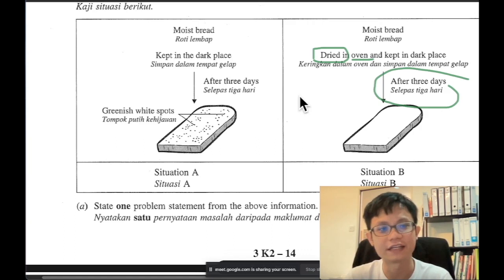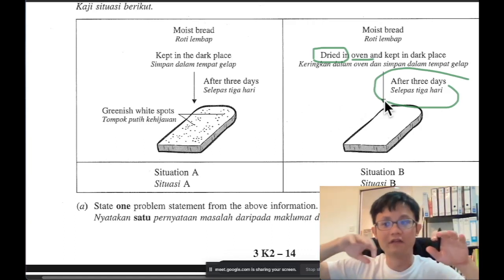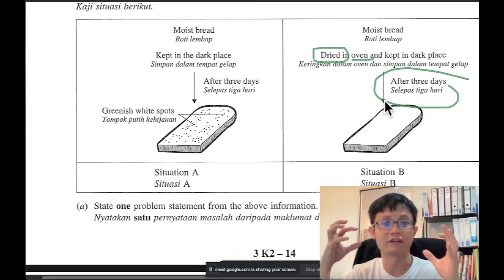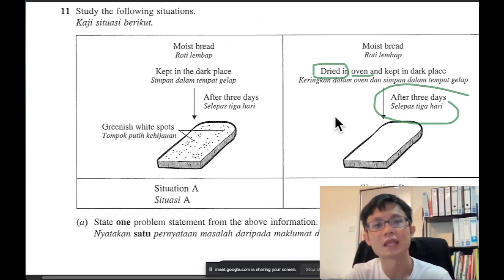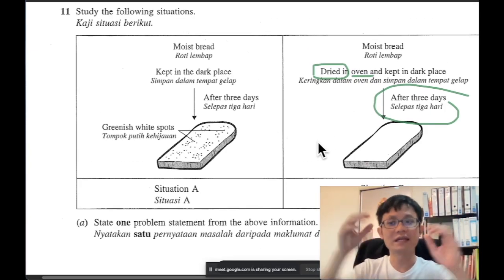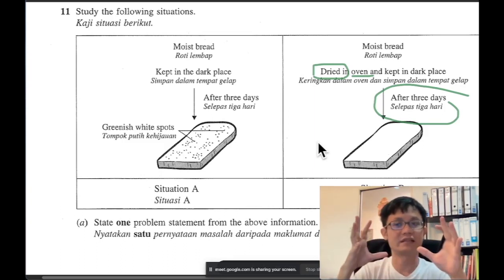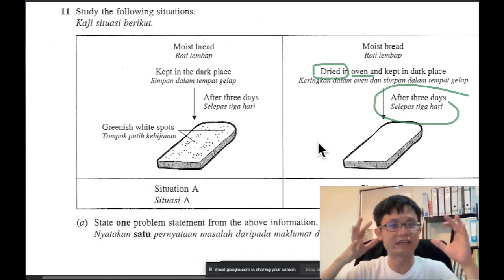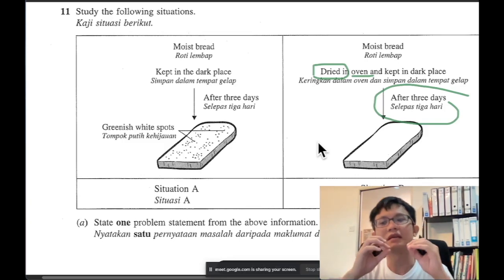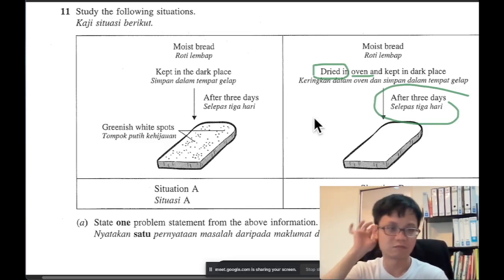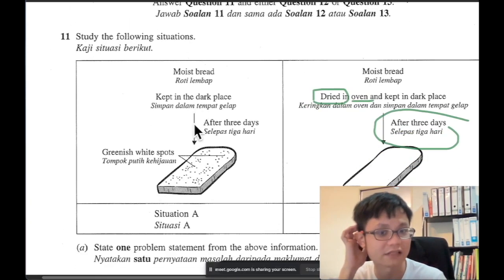But the only difference is the oven uses heat from the top and bottom, so the heat will start to travel from the outside to the inner part. Microwave will make the inside part hot, then it will spread to the outside. So there's a difference. One is from outside hot to inside, one is inside hot to outside. But of course, I will prefer oven because oven is healthier.